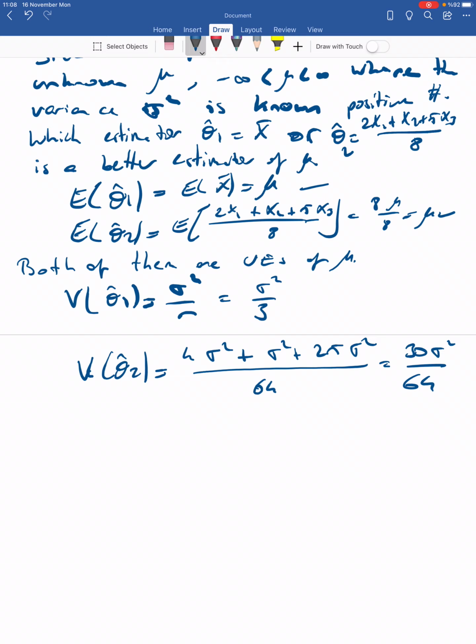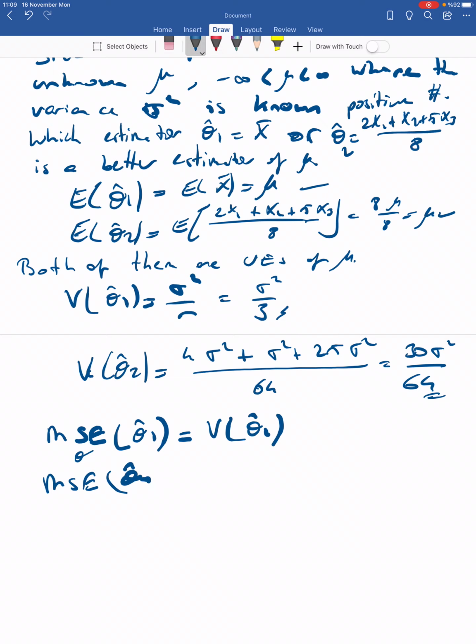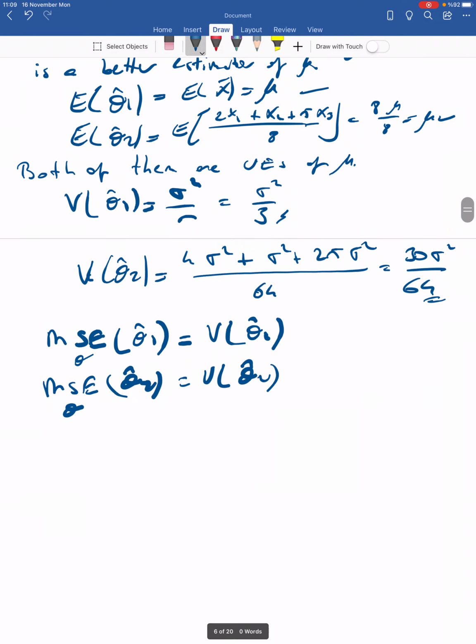When you calculate, you will see that this is bigger and this is smaller. So the mean square error of theta 1 will be the variance of theta 1 because they are unbiased estimators, and similarly the mean square error of the second one is also the variance of the second estimator.